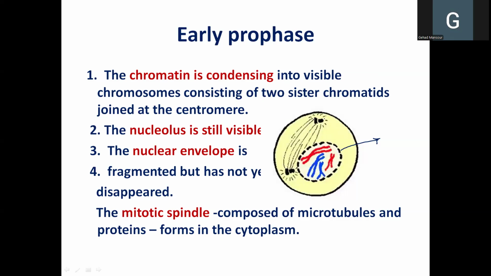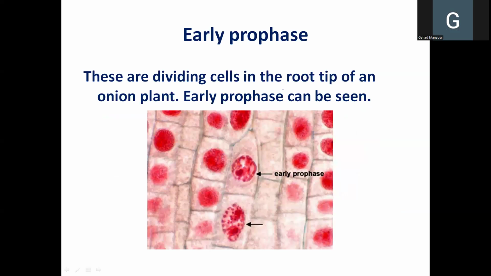You can see, of course, that in early prophase, the centrosome is already duplicated, and that each centrosome consists of 2 centrioles, and that they begin their migration towards the poles of the cell.